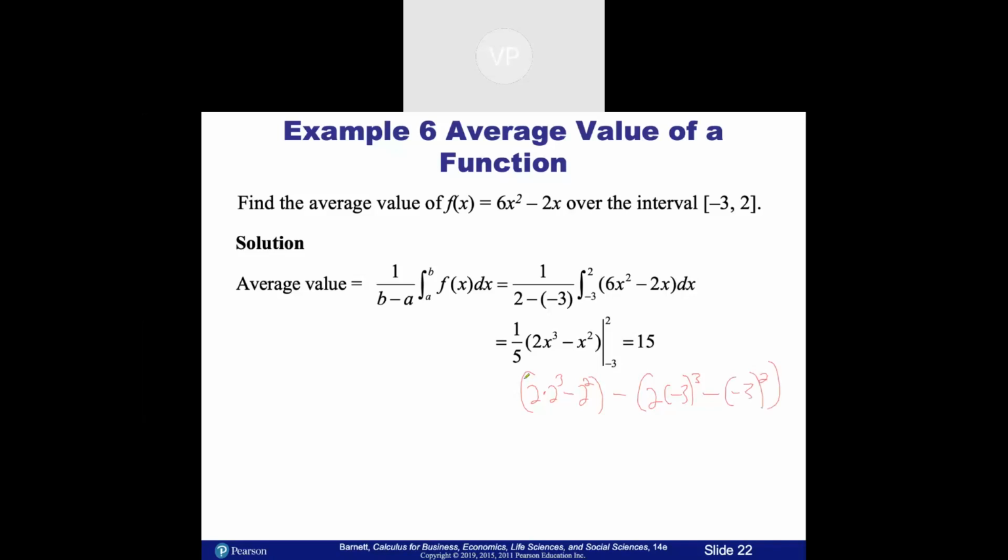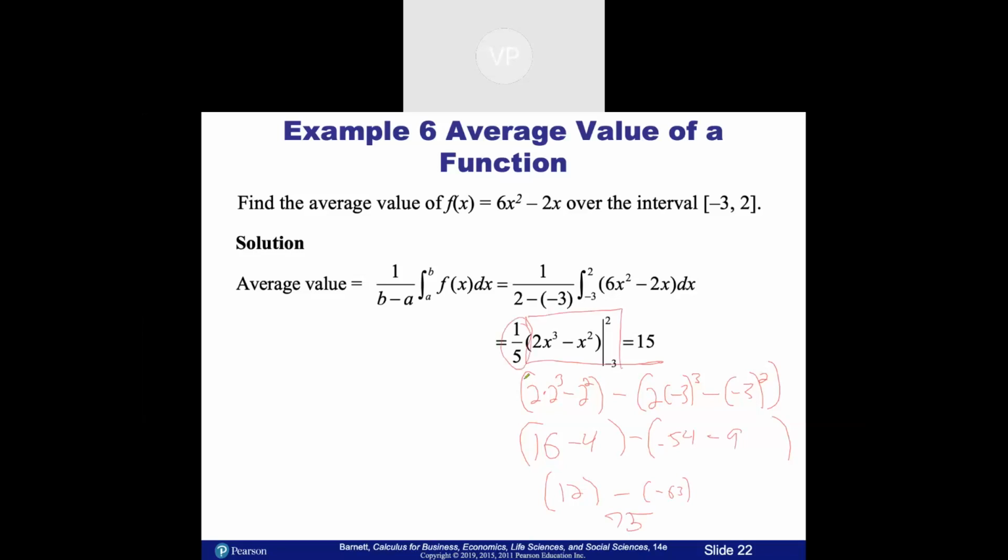So you see here we get 8, we get 16 minus 4. That becomes a 12 in that first parenthesis. Then over here we get -54 from the cubed term, and this is a +9, becomes a -9. So we're subtracting a -63, and that becomes a +75. Sorry for this part. All of this right here is 75.